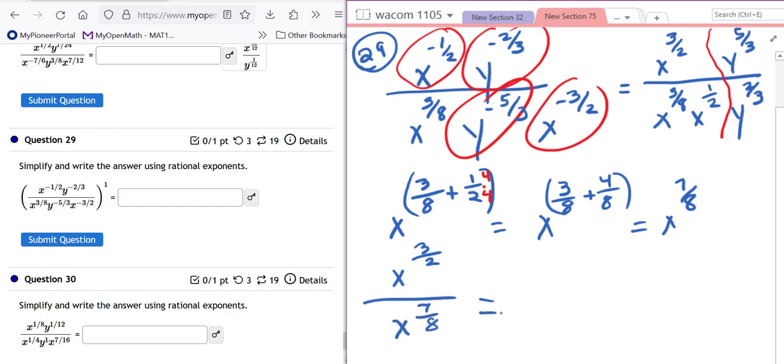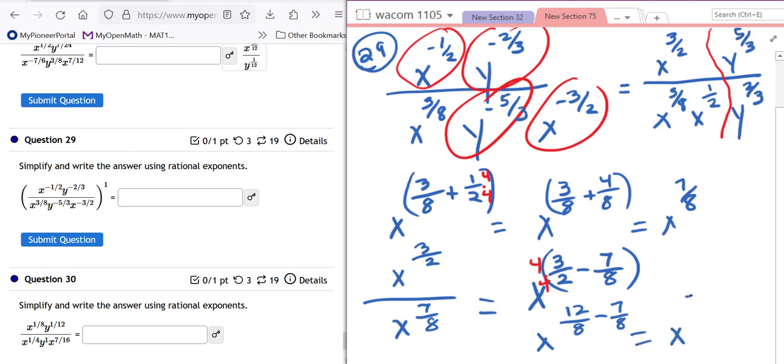Your rule is keep the base and subtract. You need a common denominator. So an 8 will work. This one needs a 4. So we have 12 over 8 minus 7 over 8 gives us x to the 5/8.